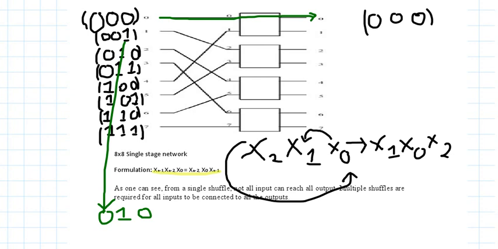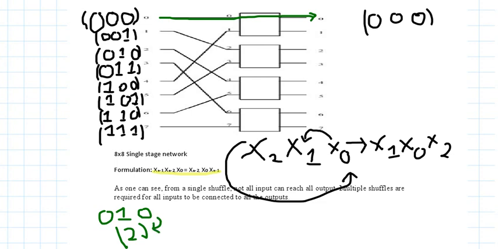Then the leftmost bit, if you shift one position towards its left, will come to the rightmost position here. So for the second processor, the destination processor with which it can communicate becomes 0, 1, 0, and its equivalent decimal is 2.